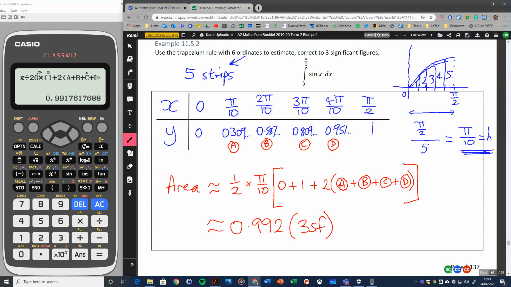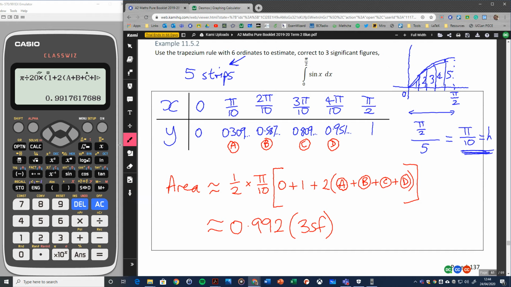Now that is only an approximation. We can see from the curvature of the sine graph that our trapezia will lie underneath that curve. So it makes sense that this is an underestimate. We can now get the true value either by doing actual calculus.